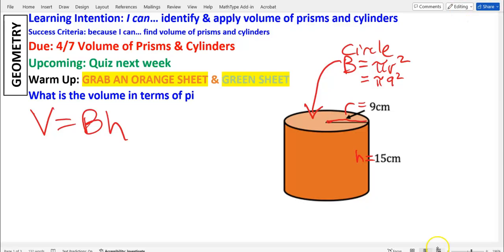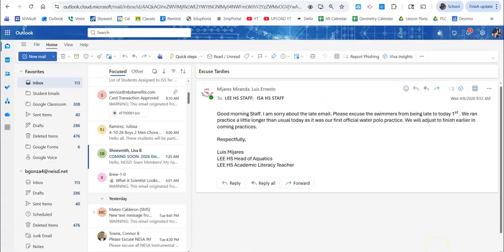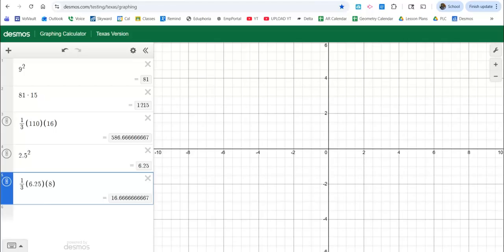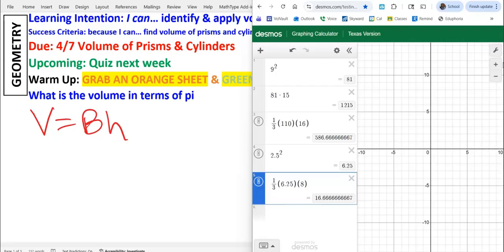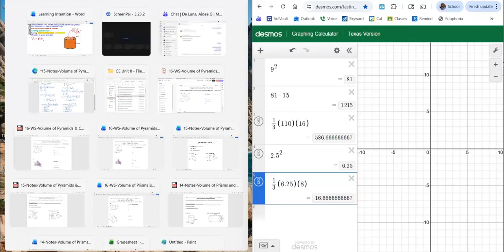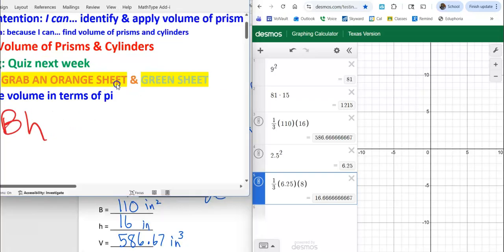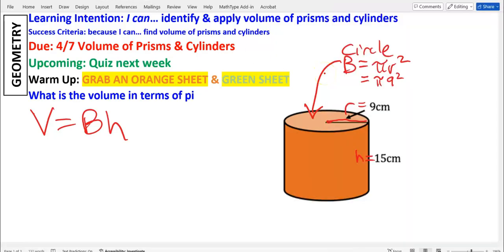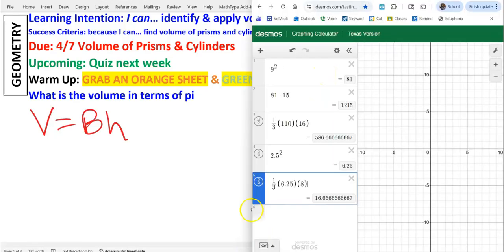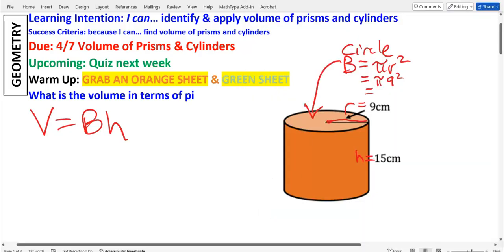So let's go to Desmos. All right, so notice I did not put pi 9 squared. I just put 9 squared. So 9 squared, when you type it into Desmos, you get 81. Since I did not type the pi, I'm going to put the pi symbol after 81.